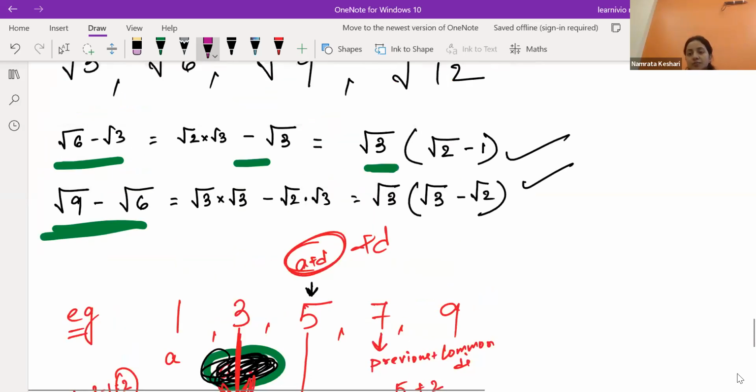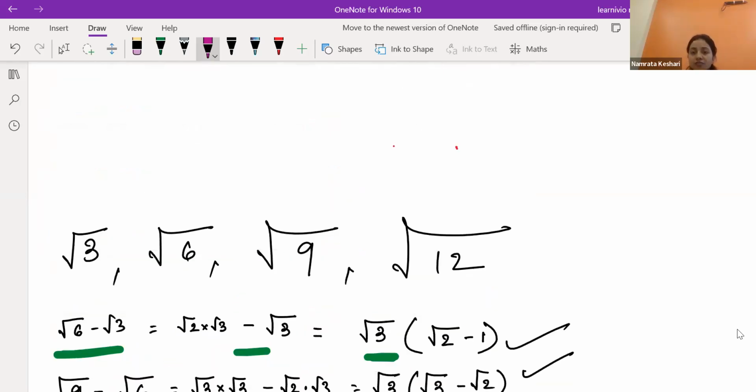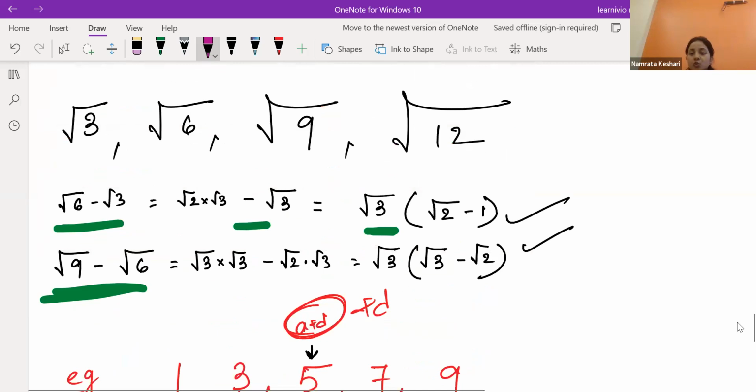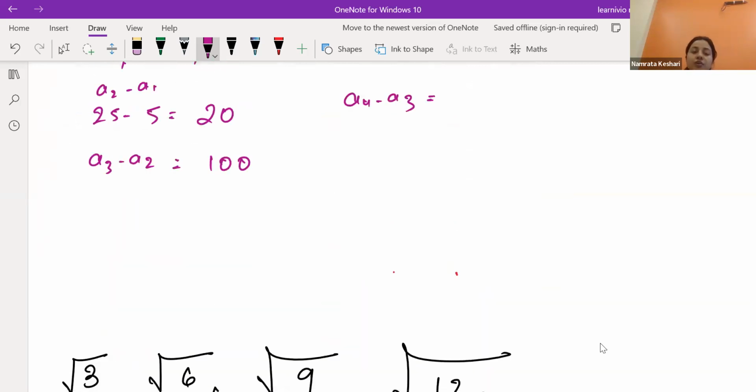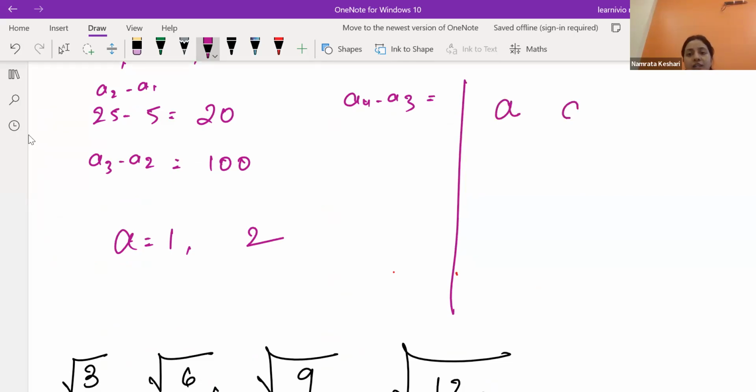If you are getting the logic, then let me tell you, if you have an AP where the first term is 1 and the common difference is 2, and I ask you to write the first four terms, the structure will be like this. The first term is a, next will be a plus d, next a plus 2d, next a plus 3d, next a plus 4d, next a plus 5d.